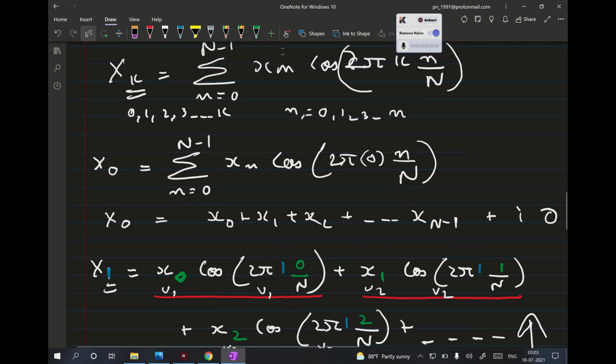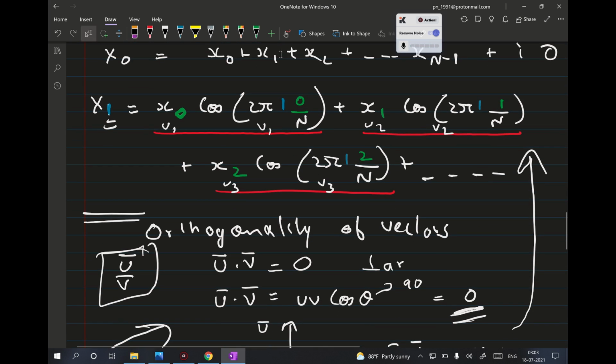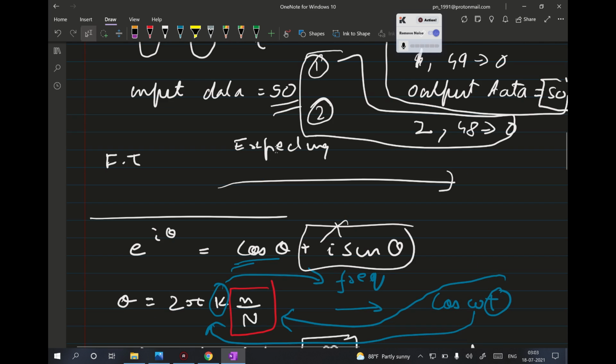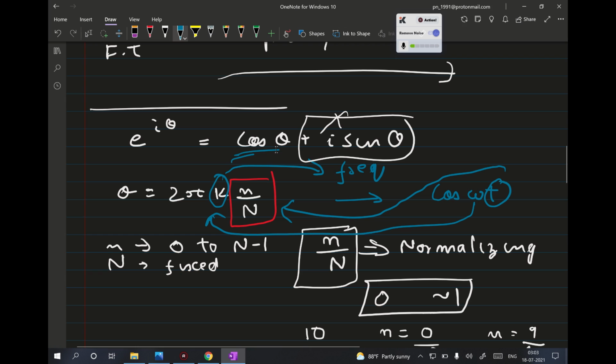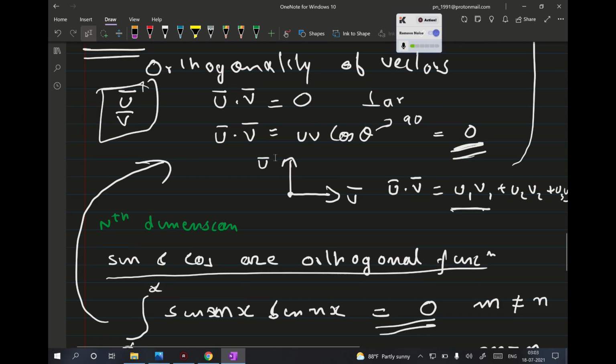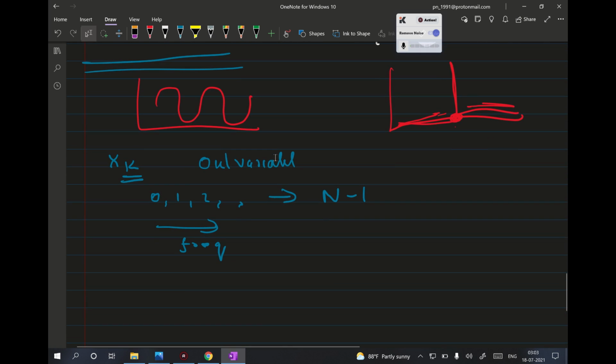As I said, k is analogous to frequency. So as k goes from 0, 1, 2, 3, the frequency content goes on increasing.